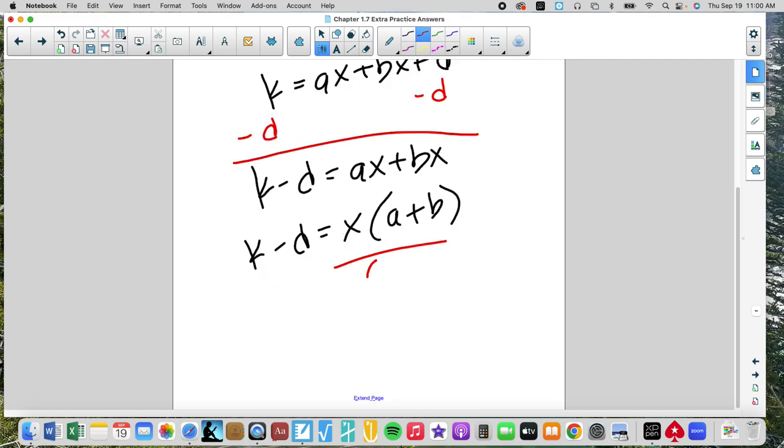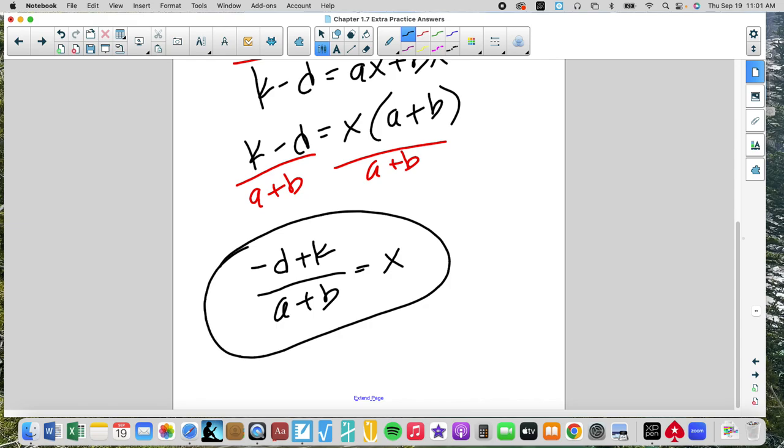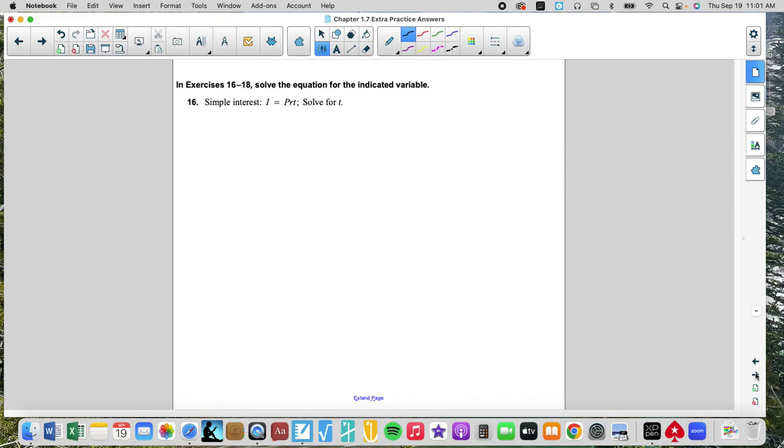Then we'll divide by a plus b, and we get, let's see how many people get the right answer here, negative d plus k over a plus b equals x. What? Why'd you switch those? Alphabetical order. D comes before k, so we have to write that in front of it. That's the best answer, so we all have the same exact solutions.